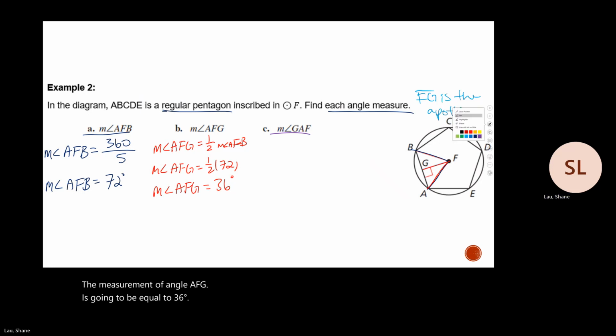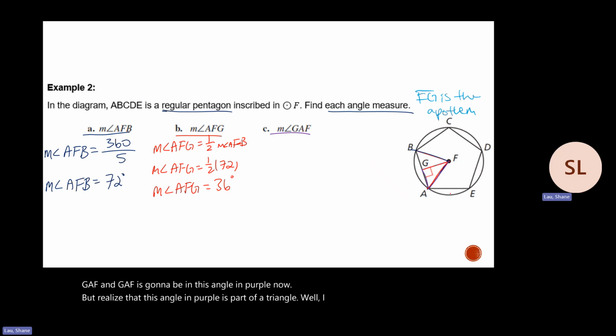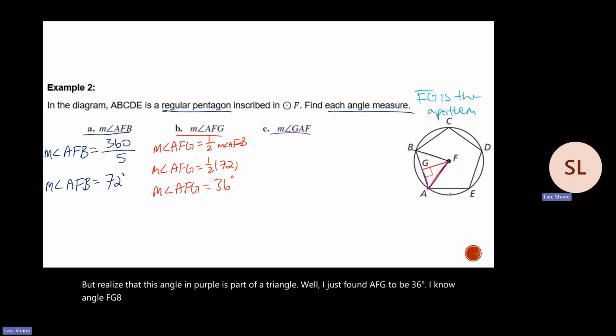Last but not least, we have GAF, and GAF is this angle in purple now. But realize that this angle in purple is part of a triangle. I just found AFG to be 36 degrees. I know angle FGA to be 90 degrees, and I'm missing that third angle. It's super easy.